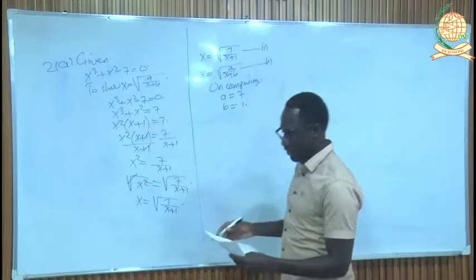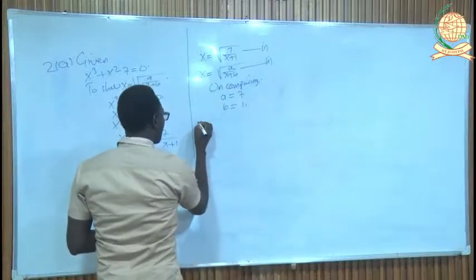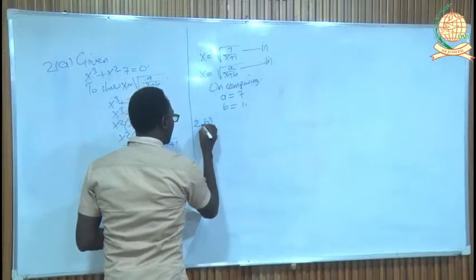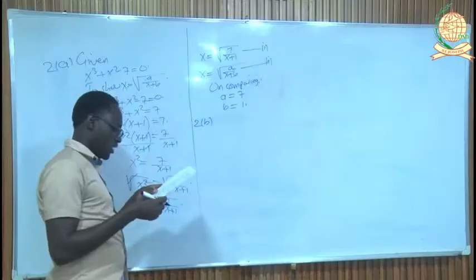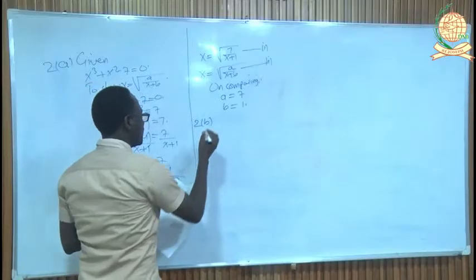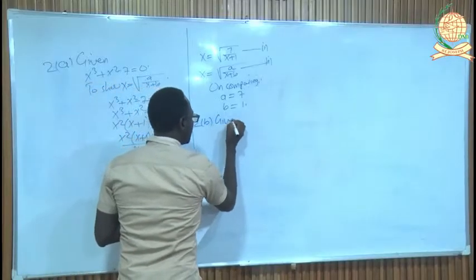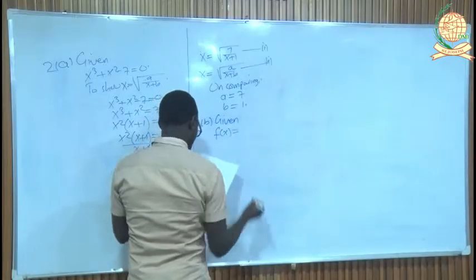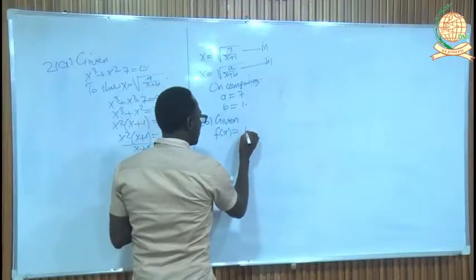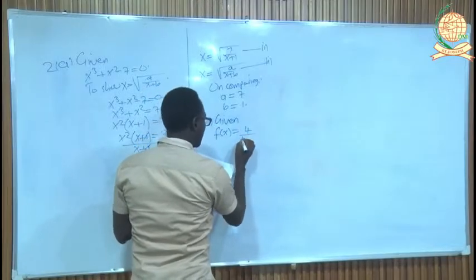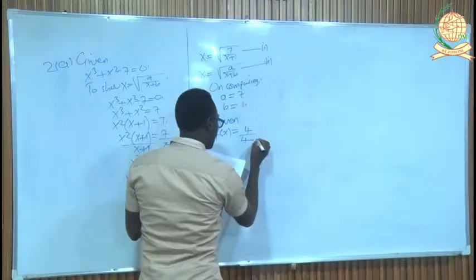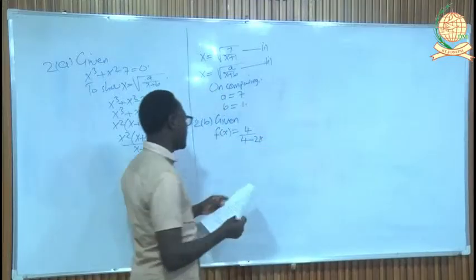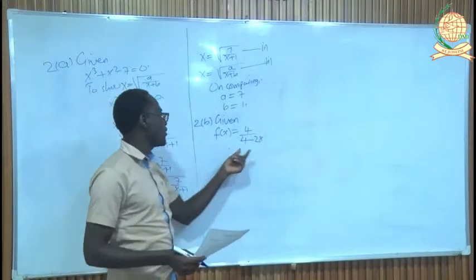Okay, question number 2b. The question says, we are given f(x) equals 4 over 4 minus 2x. This is a rational function. f(x) is equal to 4 over 4 minus 2x.